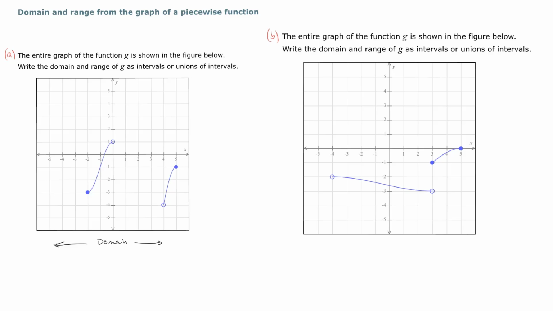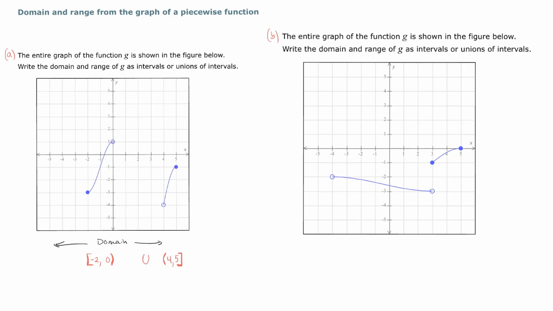Let's go ahead and read it from here. It starts off bracket -2, and you shade all the way up to 0 with parentheses. Then union what? Union parentheses 4 up to where? Up to 5 bracket.